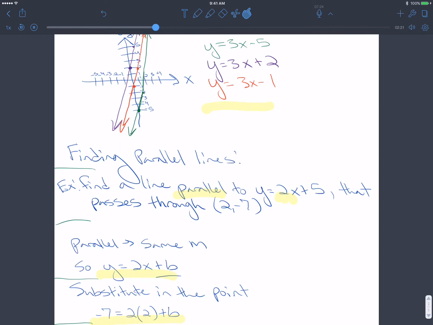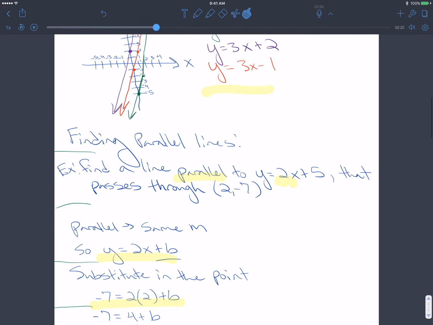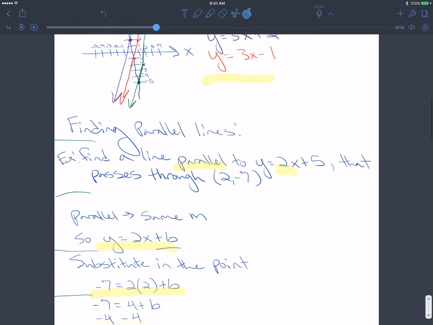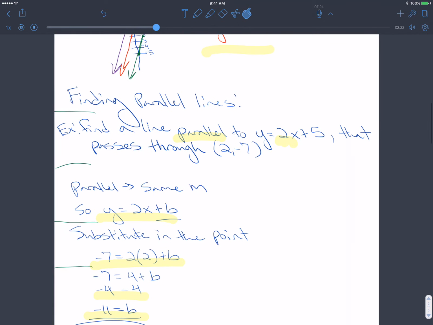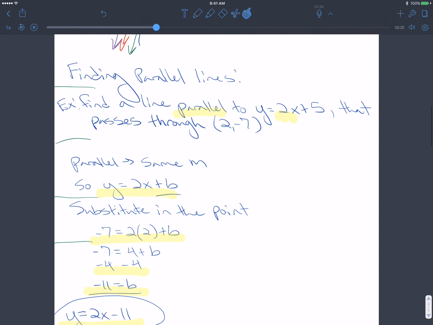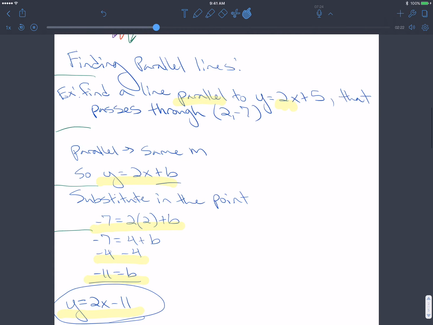From here, I can simplify. That gets me -7 is equal to 4 plus b. Subtract the 4 from both sides, and I get b equals -11. So y equals 2x minus 11 is a parallel line to y equals 2x plus 5 that happens to pass through the point (2, -7).